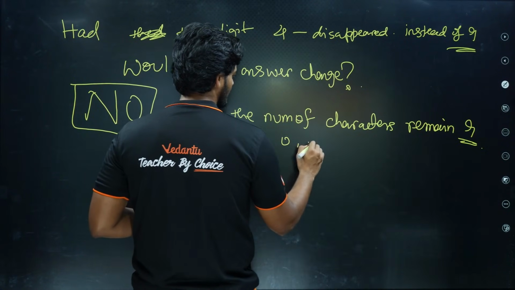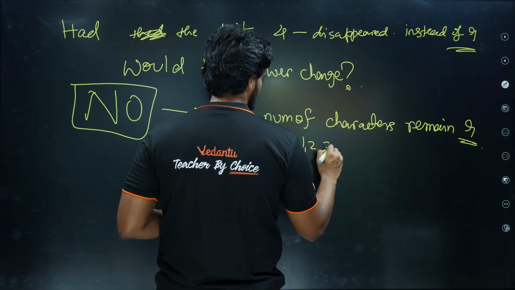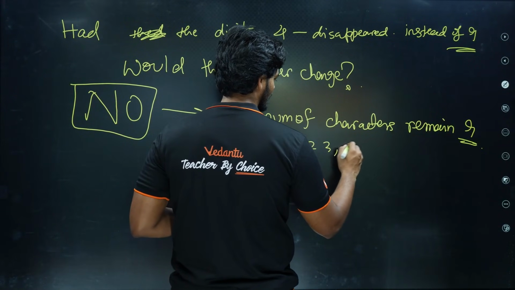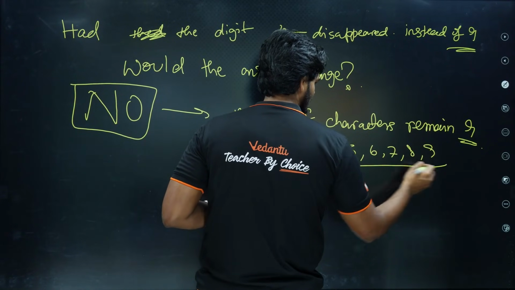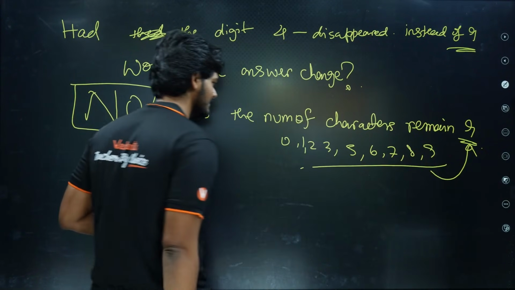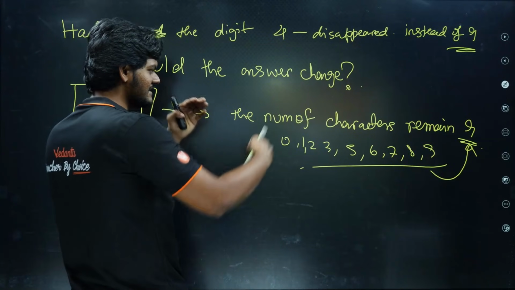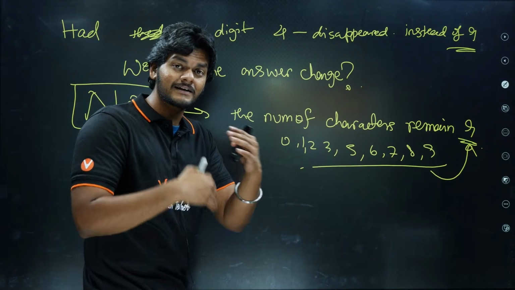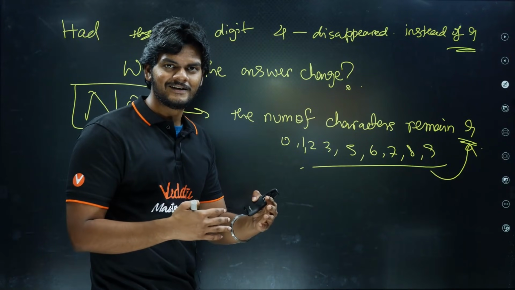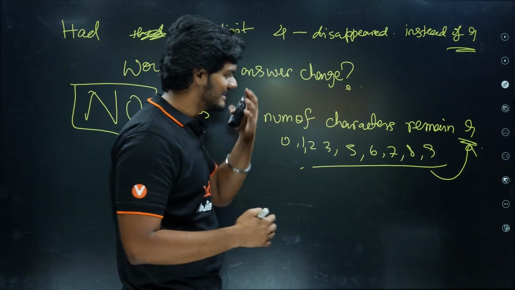There's 0, 1, 2, 3, and instead of 9, 4 is gone, so 5, 6, 7, 8, 9. The number of characters is 9, right? And it changes per kilometer. So the count does not change. The distance measurement, the count does not change.